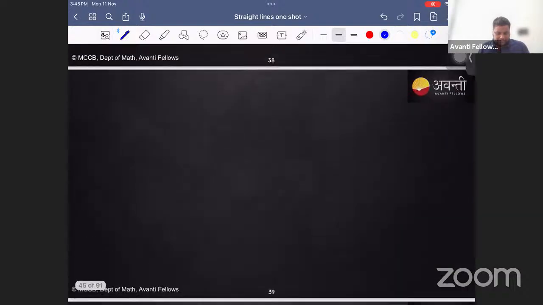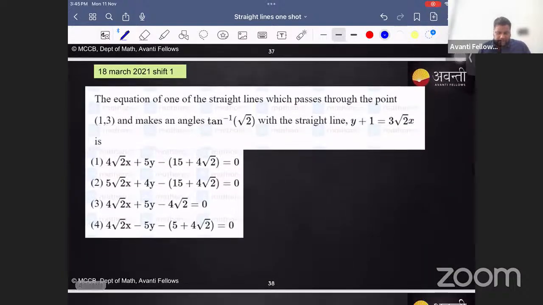Now, take the next question. Equation of one of the straight lines which passes through the point (1, 3) and making an angle of this with this straight line is. Yes, go through.